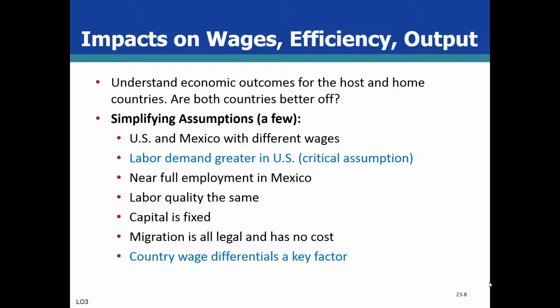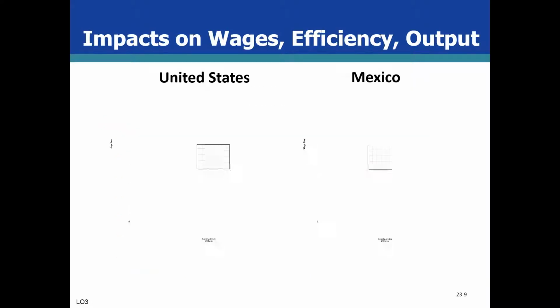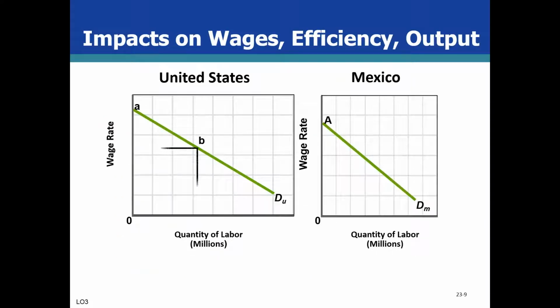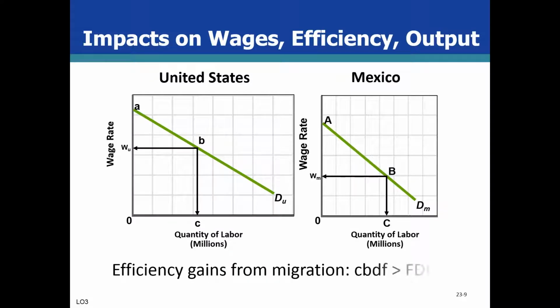And really, the country wage differentials are a key factor in understanding how this particular model will work. Given the assumptions just discussed, let's take a look at these wage differentials and the quantity of labor demanded in each country as a starting point.